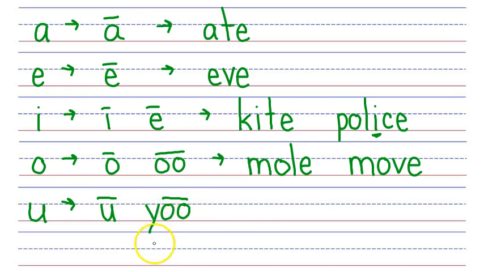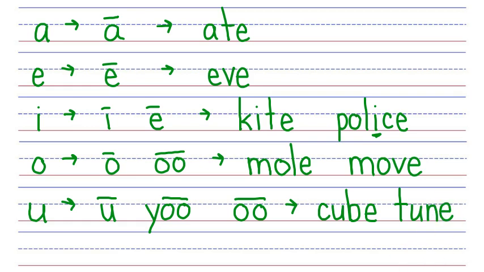Y, oo is the same as long U. But it can also make the long double O sound, just like O. For example, U makes a long U sound in cube, C-U-B-E, and it makes a long double O sound in tune, T-U-N-E, tune.